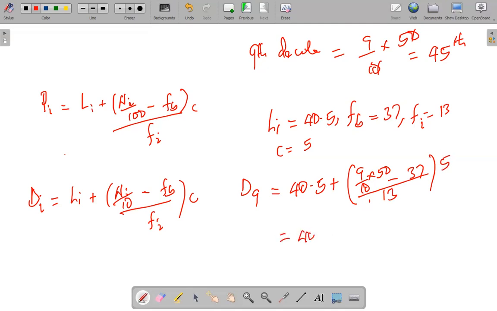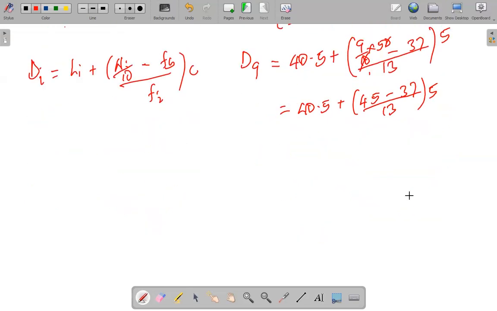That will be 40.5 plus 45 minus 37 over 13 times 5. 45 minus 37 is 8, and 8 times 5 is 40. 40 divided by 13 is 3.08.